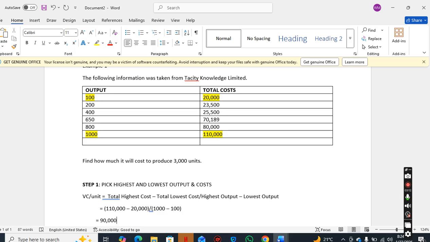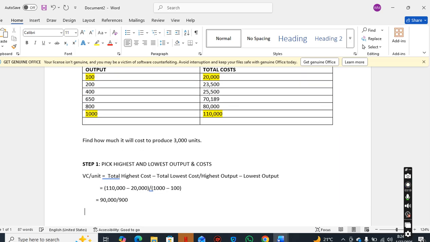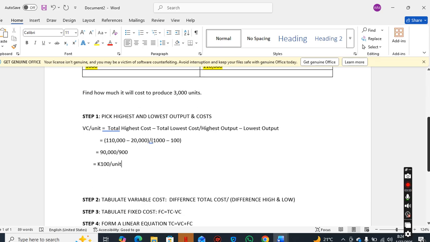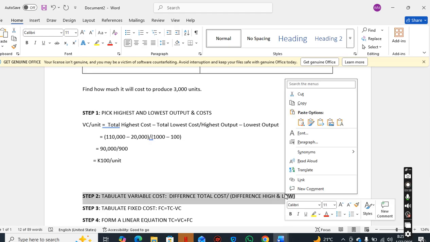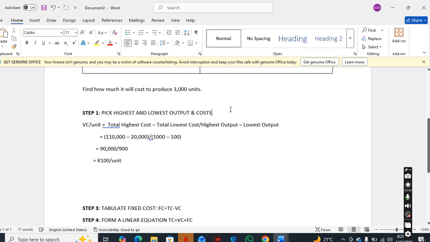Then 1,000 minus 100, we get 900. So 90,000 divided by 900, we get 100 kwacha per unit. Okay, colleagues, that is our variable cost per unit, 100 kwacha per unit. Any questions before I move further?